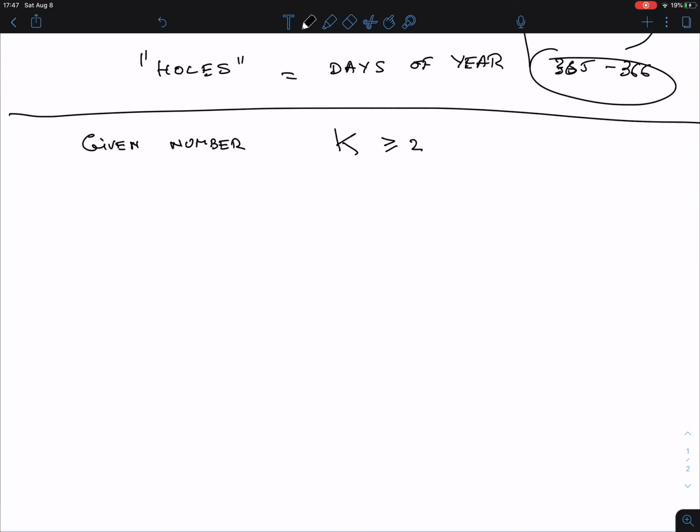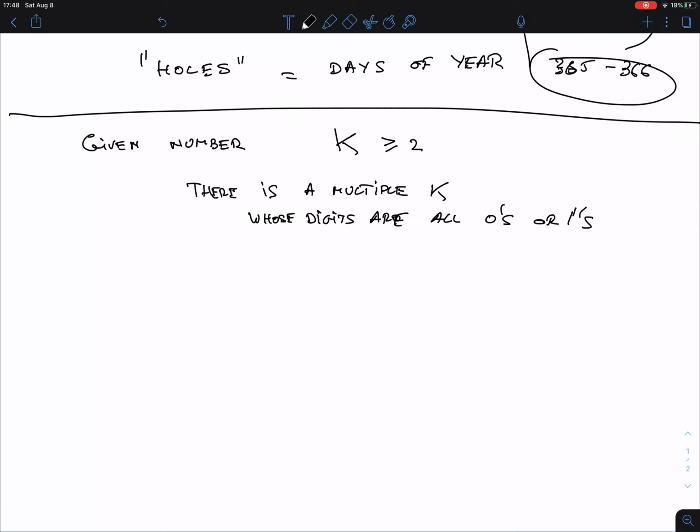Okay, and so I'm claiming that there is a multiple of k, of this number k, whose digits are all zeros or ones.